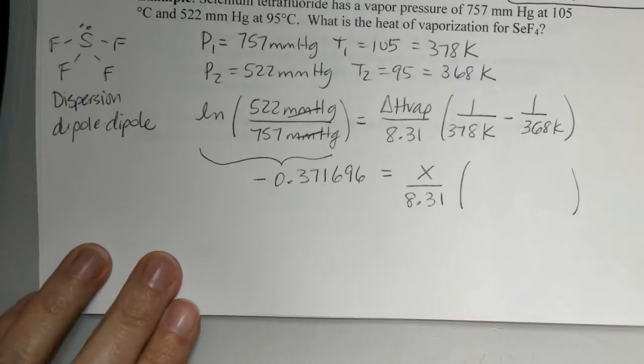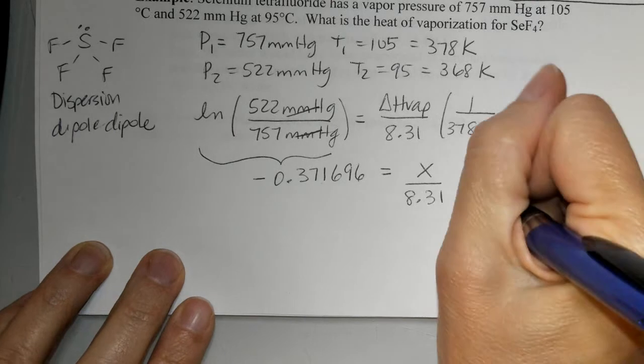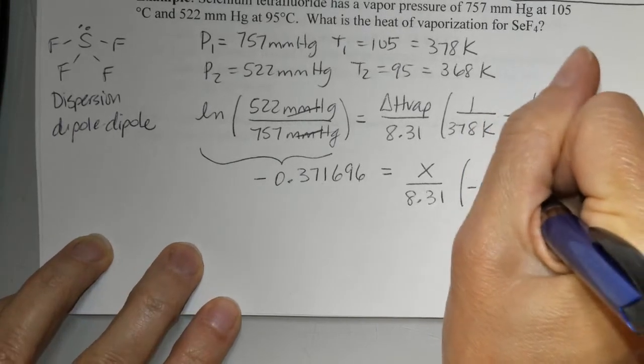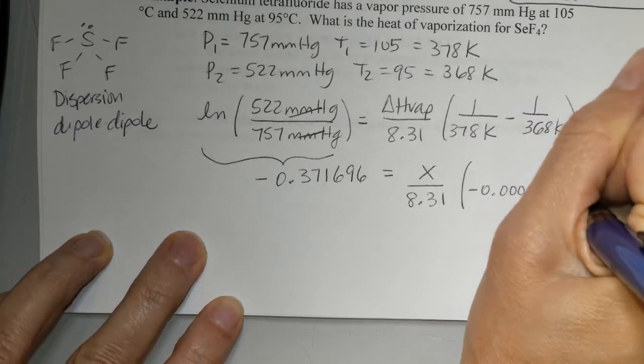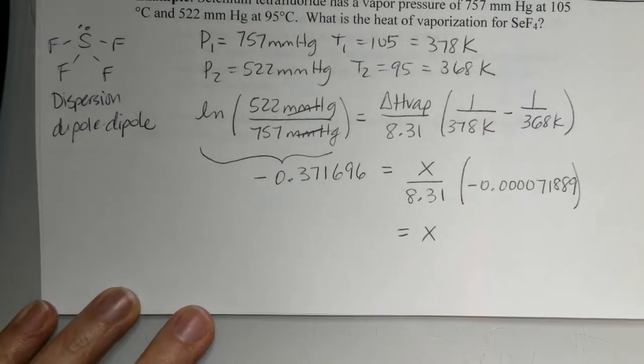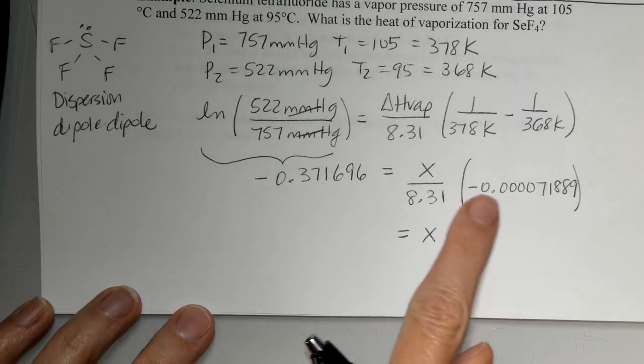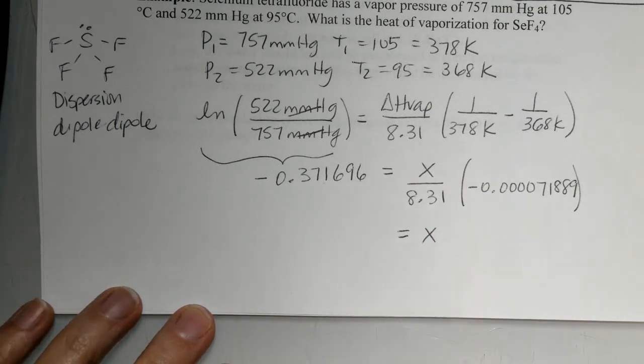So on my calculator, I'm going to take the inverse of 378 minus the inverse of 368, and I get negative 0.000071889. So to solve for x, I'm going to divide both sides by the negative 0.000071889.